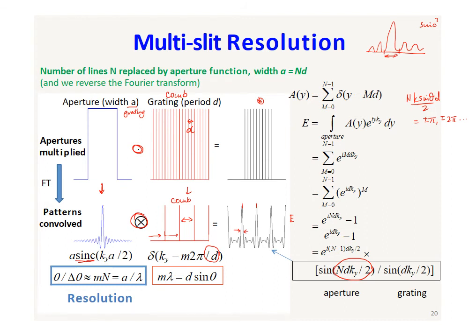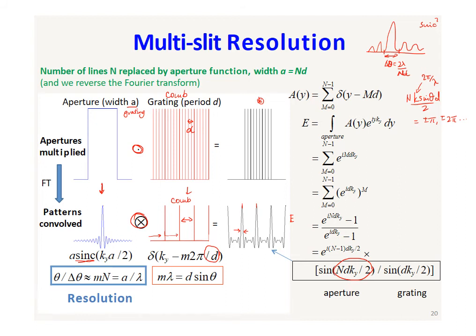If we rewrite k as 2 pi on lambda, and we solve for these first minima, what you'll find is that this width here is equal to, let's see, 2 lambda on nd. So clearly, if we increase the number of lines that the light sees, we're going to get a smaller angle.